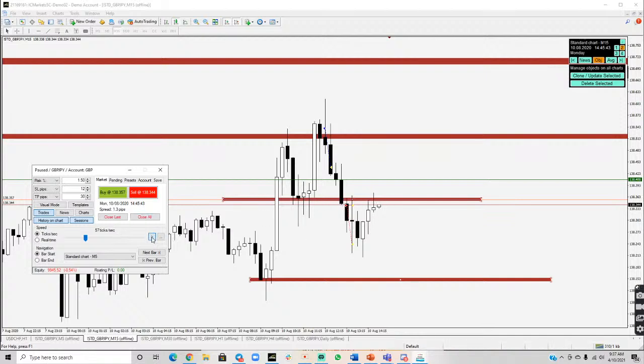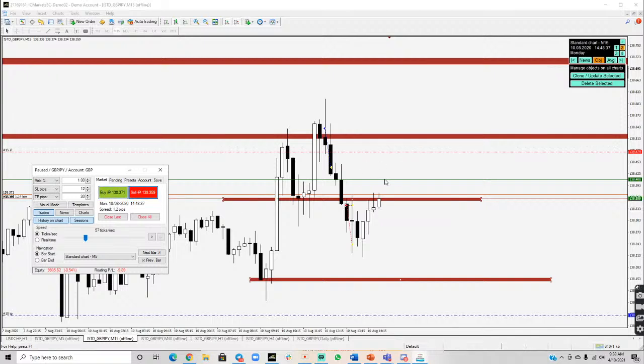But the thing with the break and retest, it is always good to wait on candle closure. Do you want to risk it for the biscuit? Break and retest. Yeah, I mean, this is the ideal play.